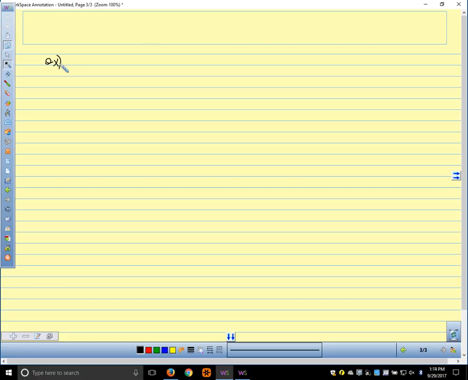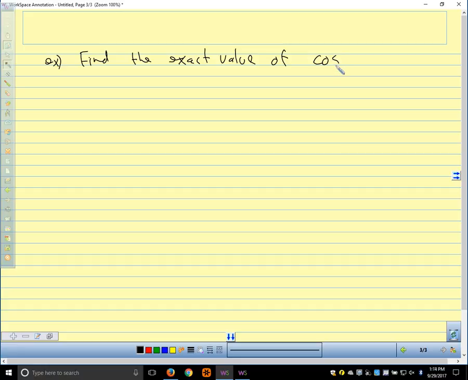Let's find the exact value of the cosine of the inverse sine of 3/5. Exact value is a hint that this isn't something you're going to plug into your calculator.